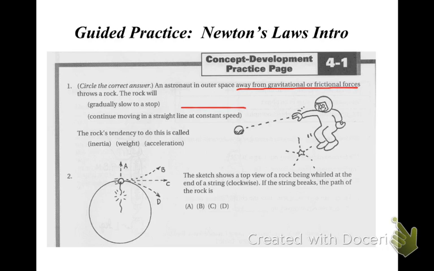Well, there's no unbalanced outside force here. Therefore, that rock will continue moving in a straight line at constant speed. The rock's tendency to do this is called inertia. That's Newton's first law.